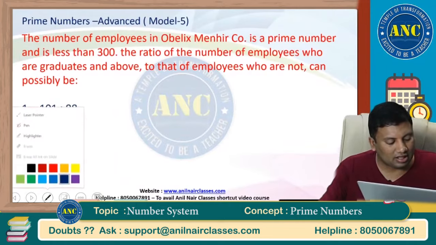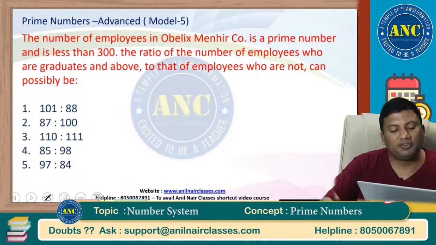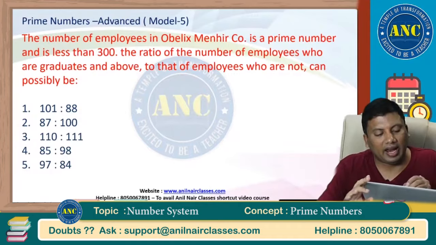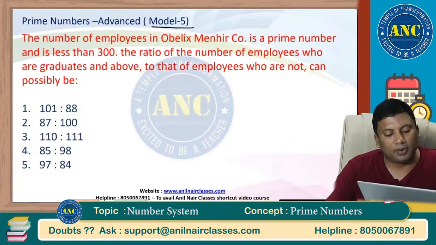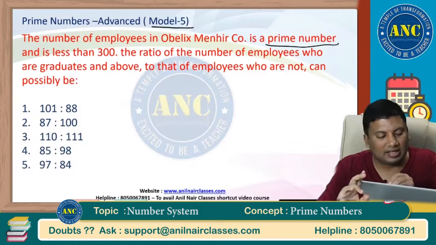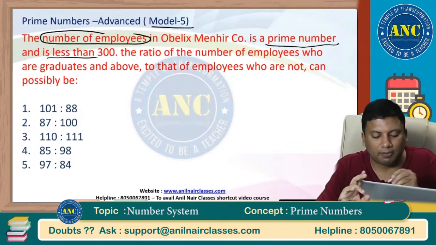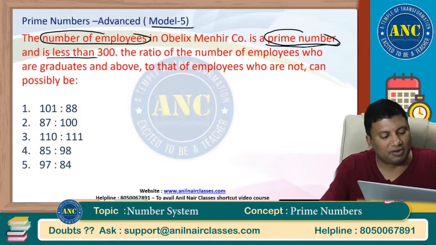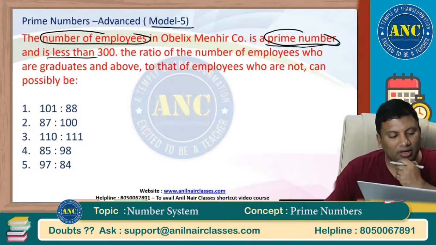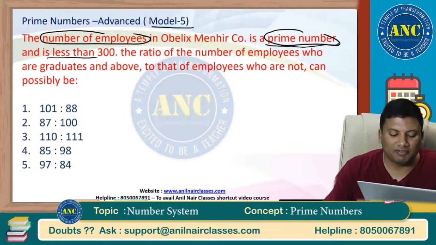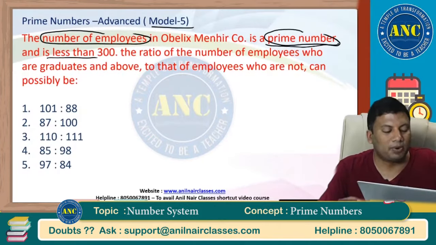Next one, another question. See here, the number of employees. This is again a CAT level question. The number of employees in Obelix Mensuration company is a prime number less than 100. Total number of employees is a prime number. This is the root cause of the problem. The ratio of the number of employees who are graduates and above to that of employees who are not graduates can possibly be.